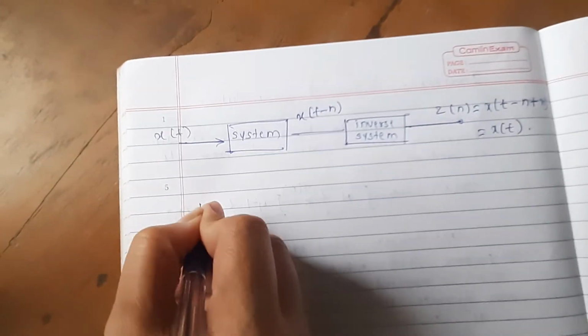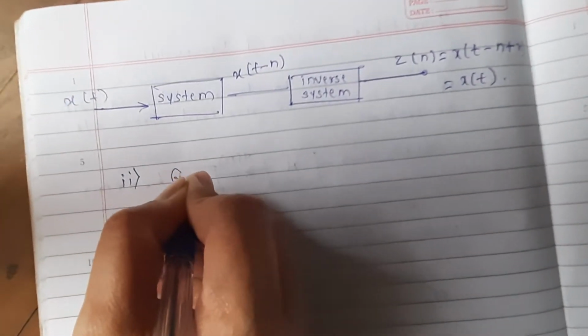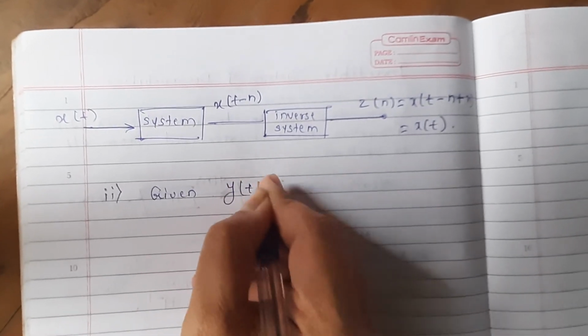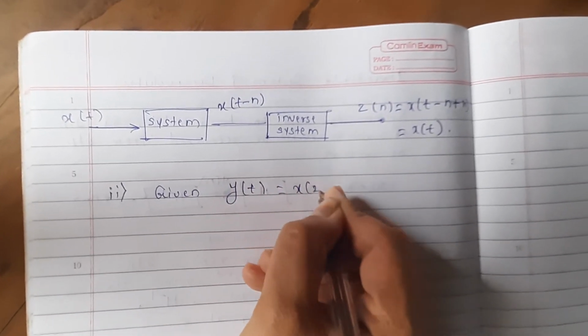Now the next problem is, what is given? Given is y of t is equal to x of 2t.